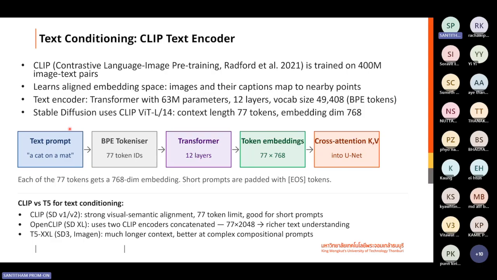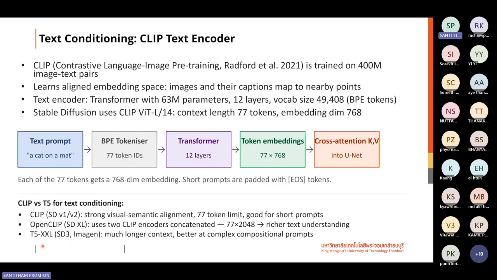Stable Diffusion is trained using the ViT-L/14 specific CLIP here. And it contains 77 tokens and a specific embedding size. So different models of Stable Diffusion will use different CLIP, right? So this is SD1, and V1 and V2 use one thing.